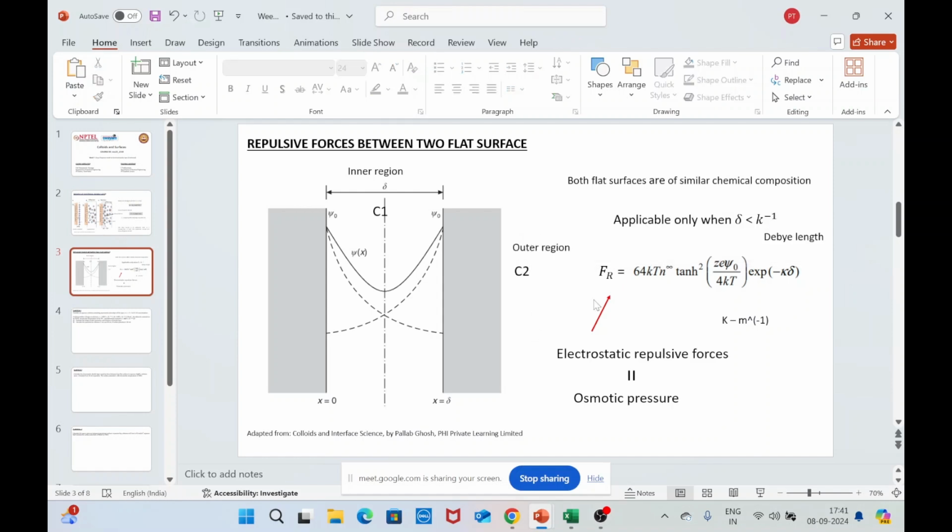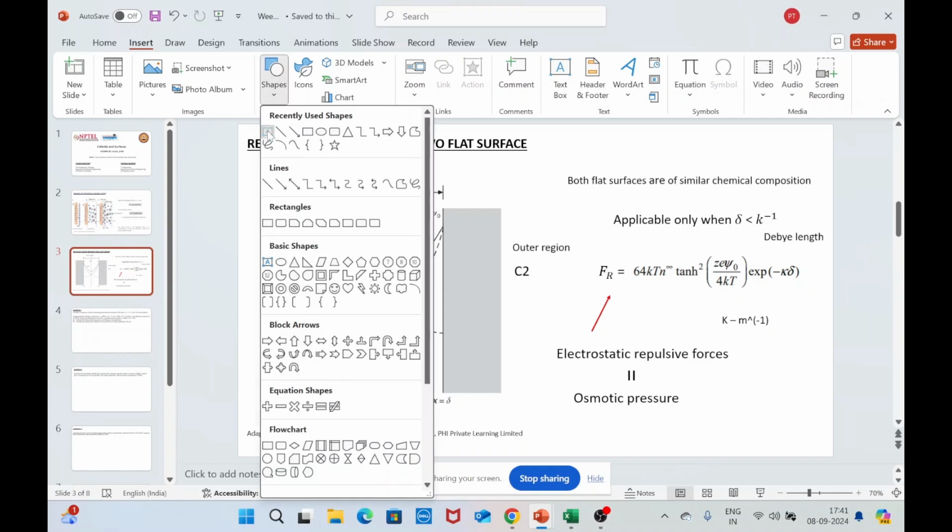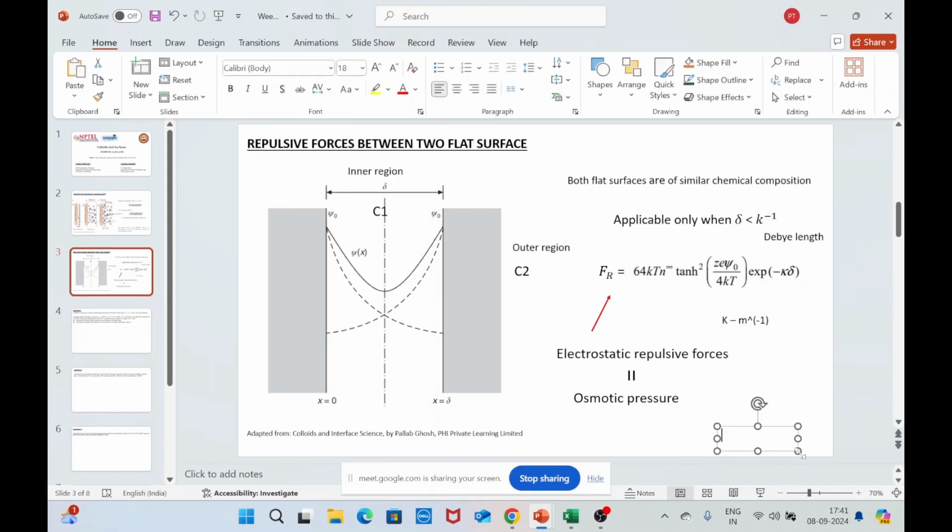So the concentration of the ions in the inner region will be greater than in the outer region, or you can say your value of C1 will be greater than C2.